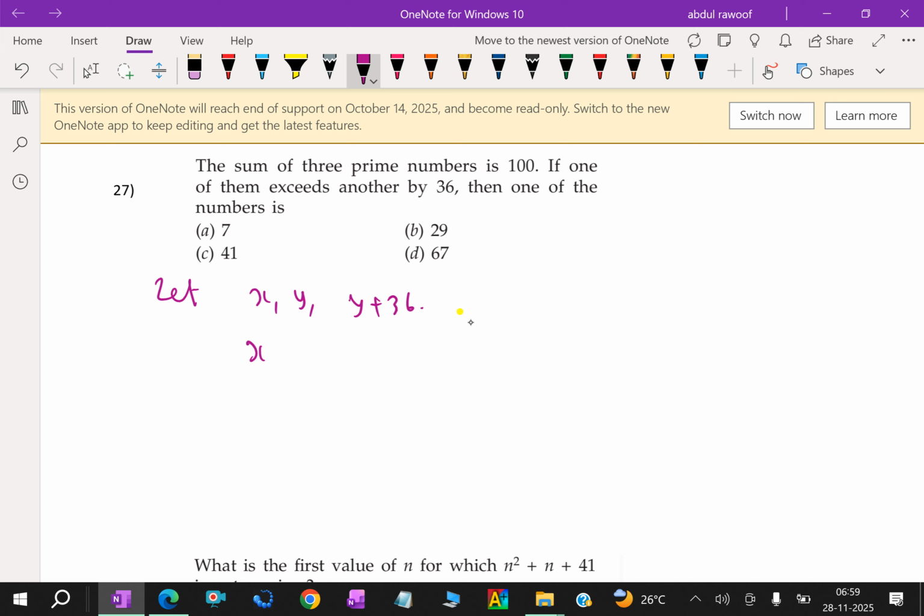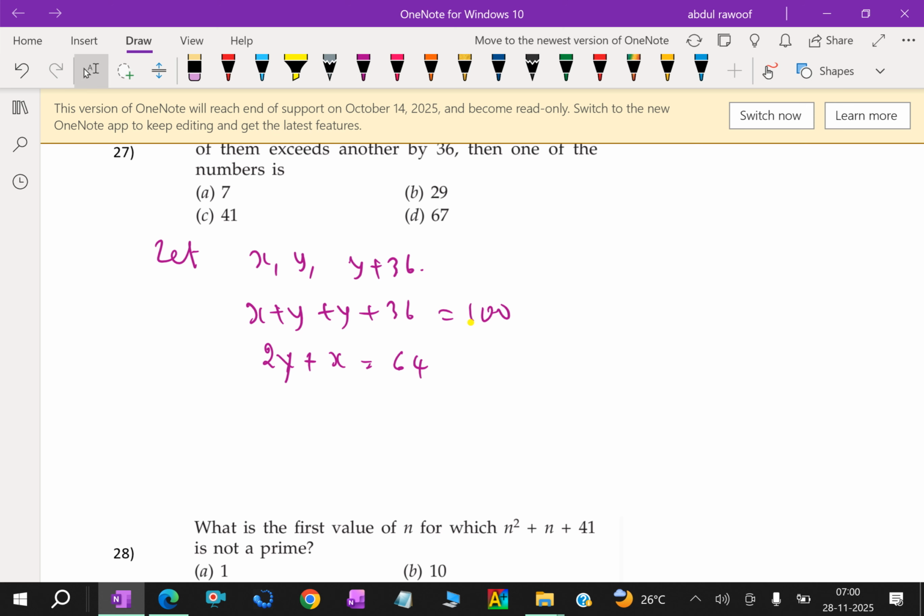These added are equal to 100. So 2Y plus X equals 100 minus 36, which is 64.